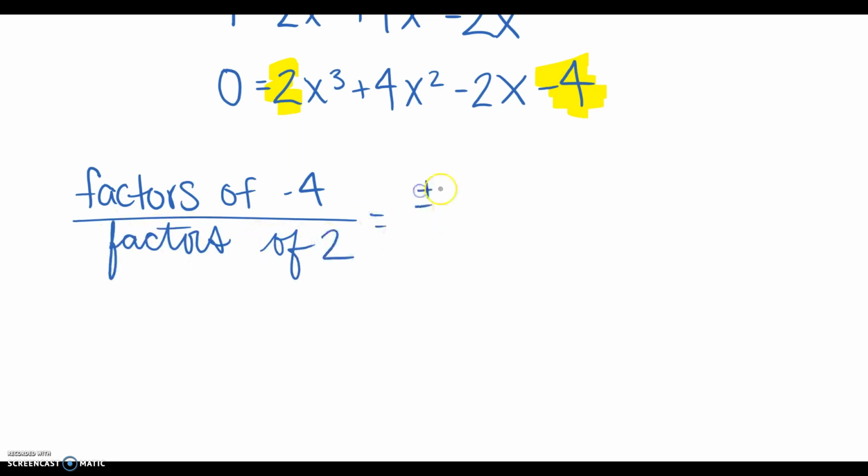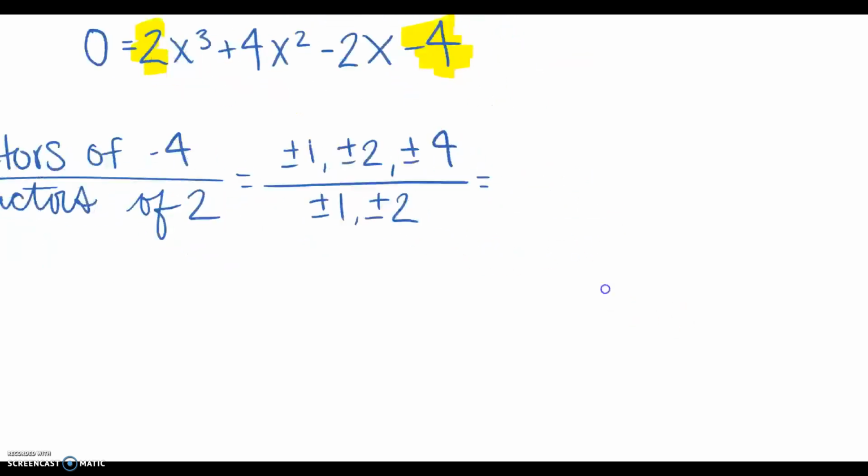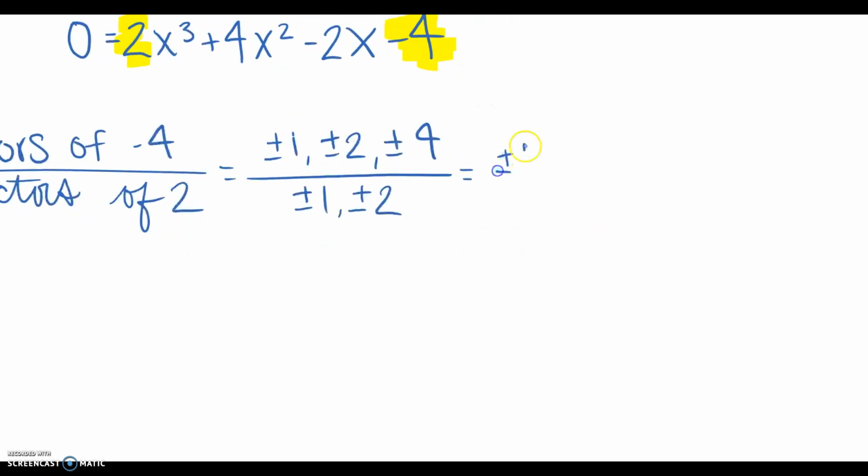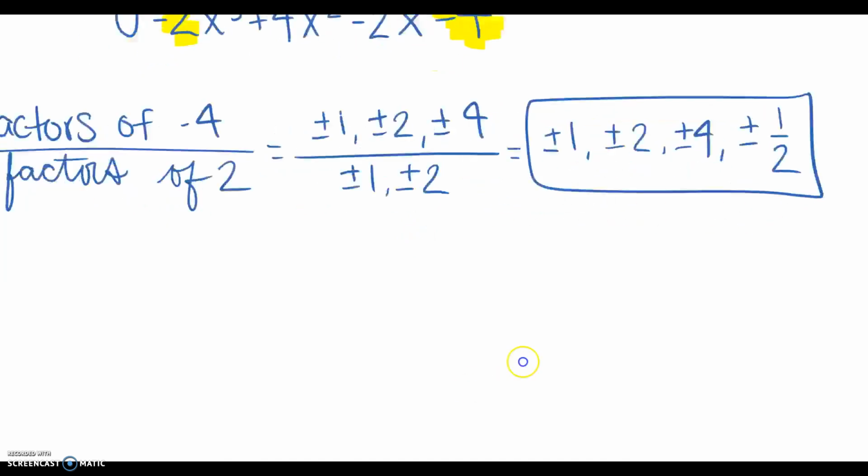So that's going to be plus or minus 1, plus or minus 2, and plus or minus 4 over plus or minus 1 and plus or minus 2. So when we divide, 1 over 1 we get 1, 2, plus or minus 4, and then we'll get plus or minus 1/2. And 2 over 2 is 1, and 4 over 2 is 2, and we already have those written down. So these are our possible rational zeros.